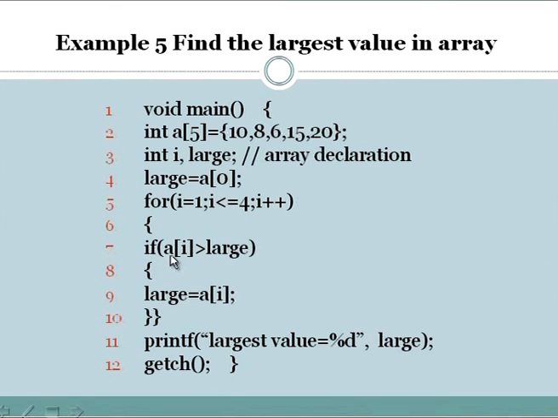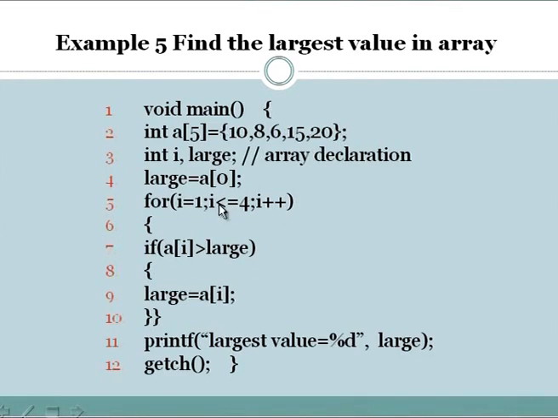Inside the body of the loop, if A4 is greater than large, which is 15, and A4 has the value 20, so 20 is greater than large, that's why the value of large will be changed to A4 and thus the value of large will become 20.